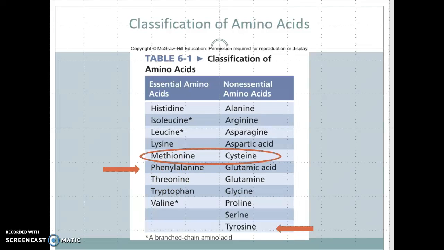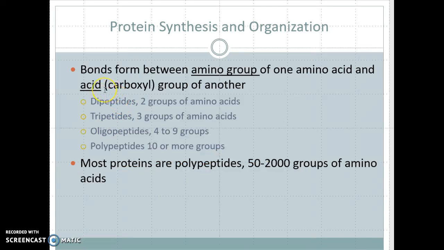And then if you look at this, the way these amino acids come together could be called a dipeptide, just like we have a diglyceride or a monoglyceride.